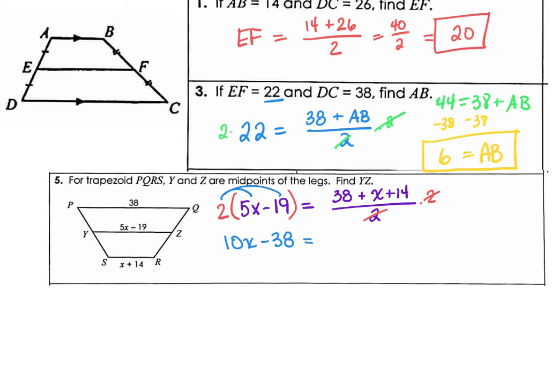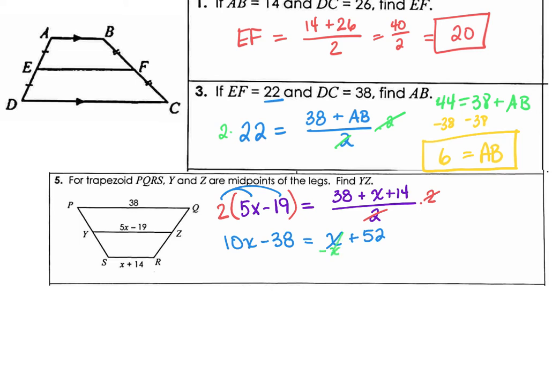And on the right-hand side, we do want to simplify it. So if we have like terms, we want to put those together. So over here, we have our 38 plus x plus 14. So we want to add our 38 and our 14. And now we can just solve like we would any other time.